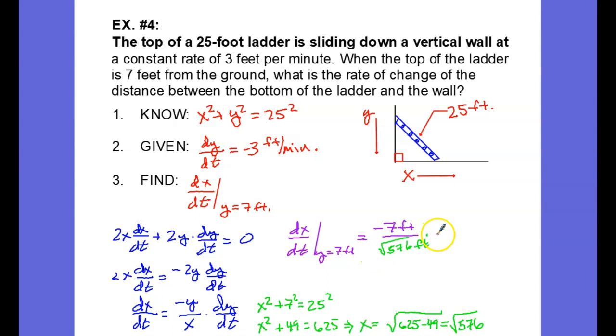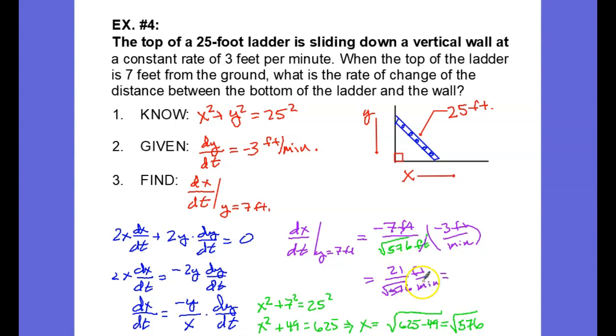Now this is being multiplied by dy/dt. And remember we were told dy/dt was negative 3 feet per minute. So negative 3 feet per minute. Over here, these feet cancel, and now we have a negative times negative is a positive. 3 times 7 is 21 over the square root of 576 feet per minute.